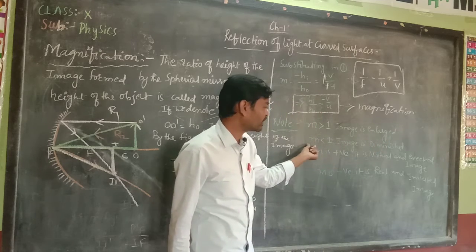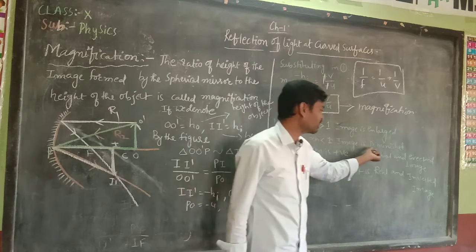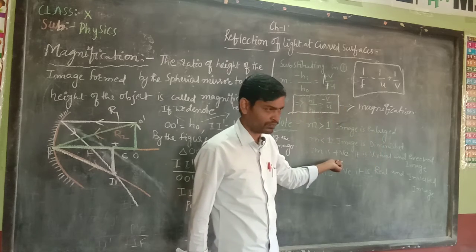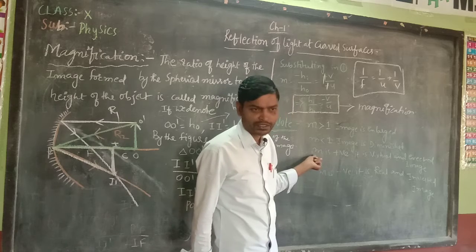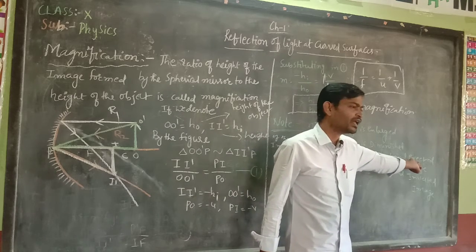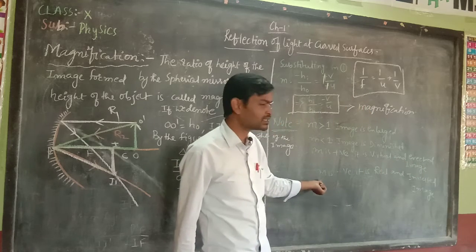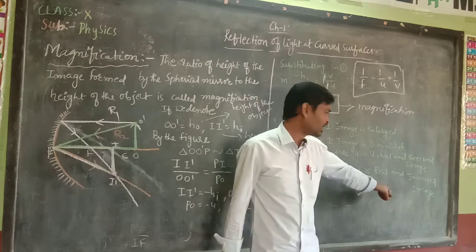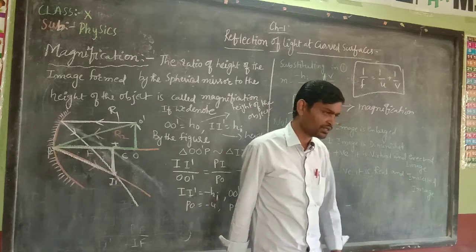If the magnification is less than 1, then the image is diminished. If M is positive, then it is a virtual and erect image. If M is negative, then it is a real and inverted image.